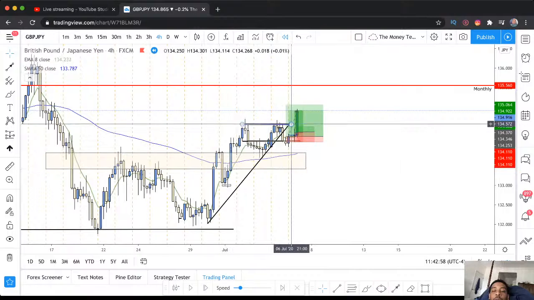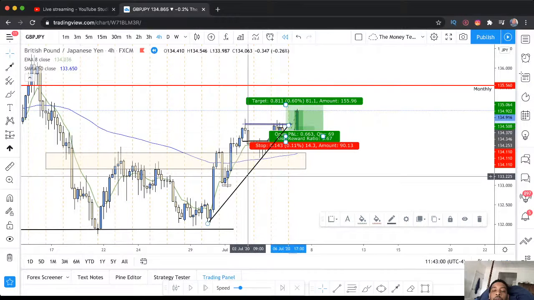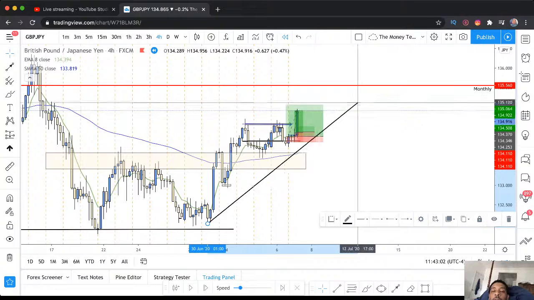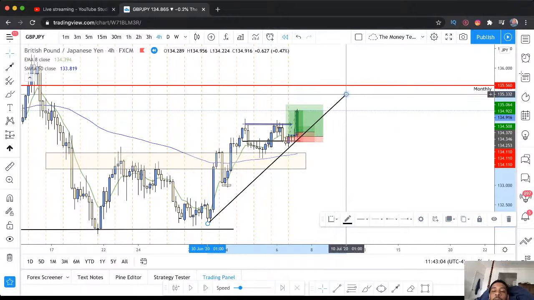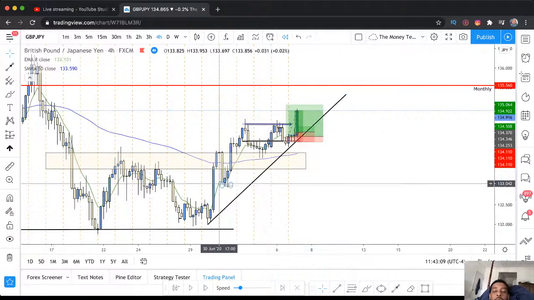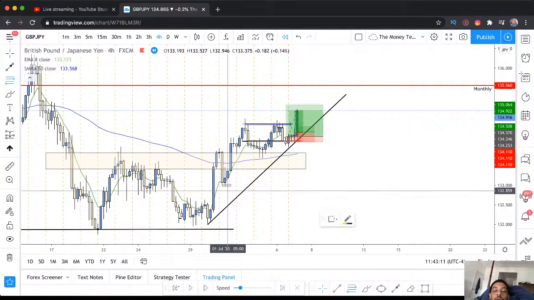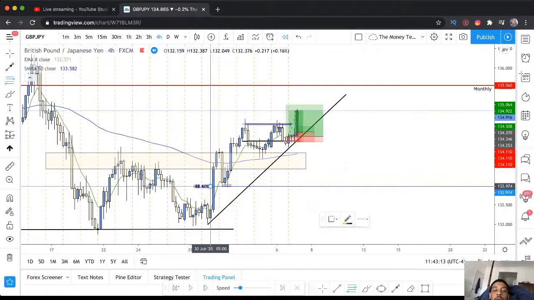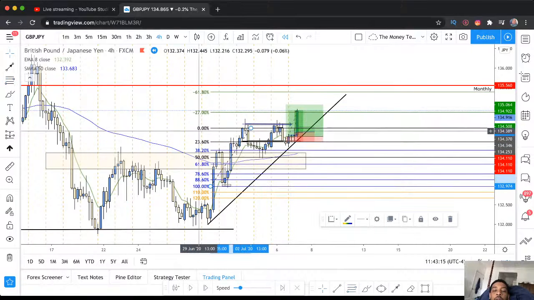What I'm gonna do is I'm gonna use my Fibonacci tool, and Fibonacci is how I usually get my take profit areas. So if you get a Fibs tool, you come right here, as you can see, we bounced with 38.2, price tapped into this area.